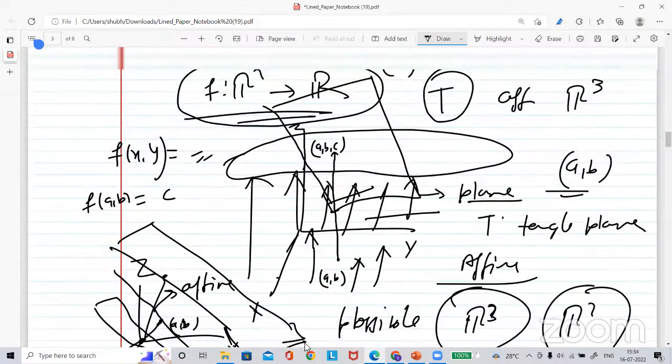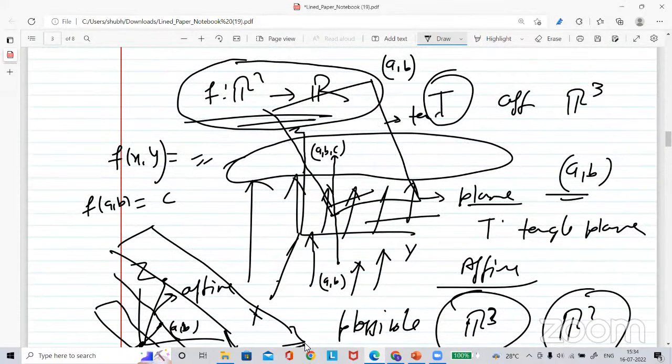So the plane is here, and your tangent plane is this one. It is a shift of some plane.